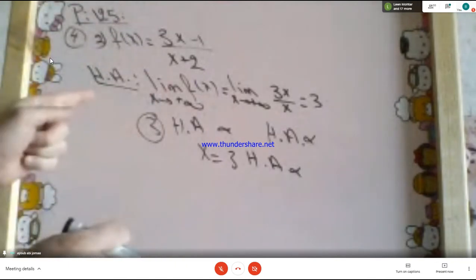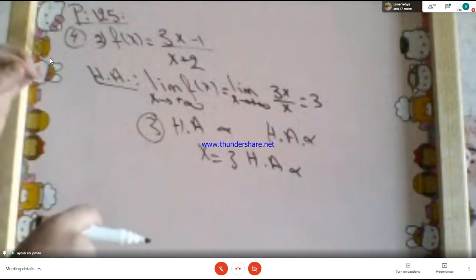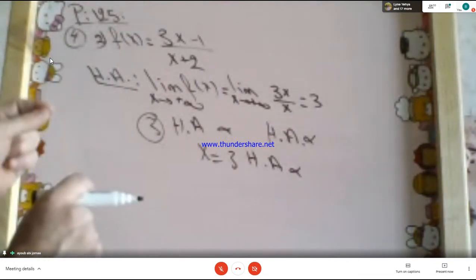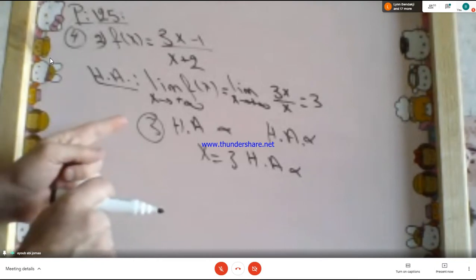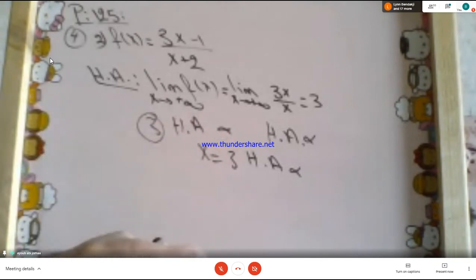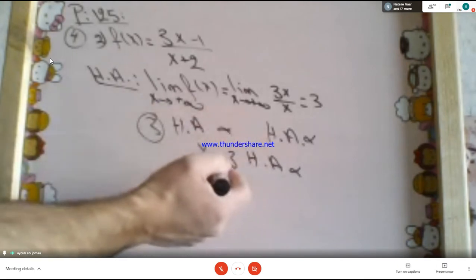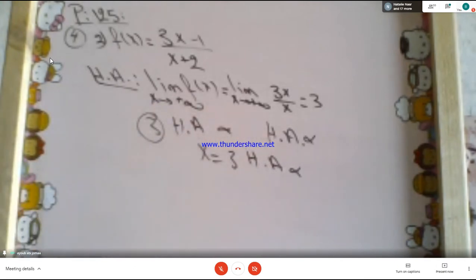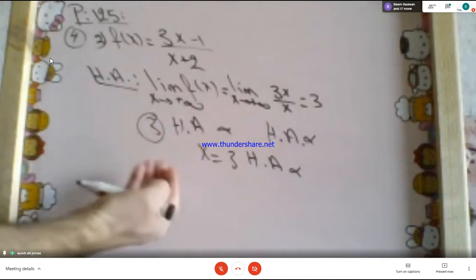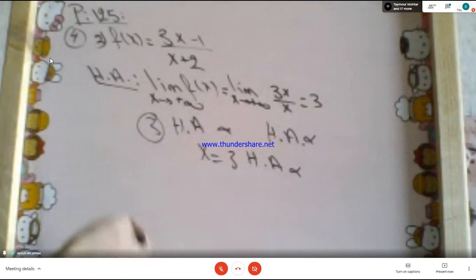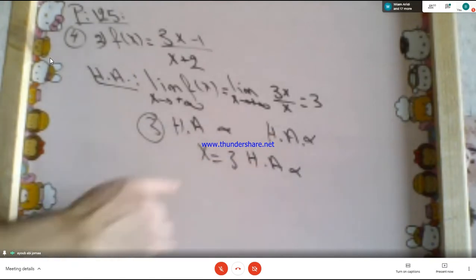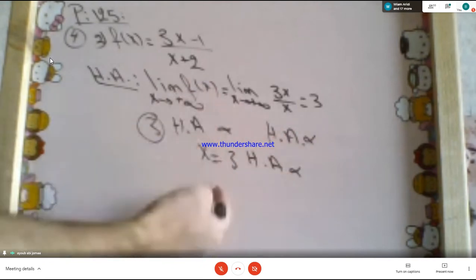And note that these are the same questions in grade 12 in the official exams, so we consider it wrong, not only in grade 11. Even in the official exams, if you wrote it this way they consider it a wrong answer, because 3 is not an equation. 3 is a number, it doesn't represent the equation of a line. If you wrote x equal 3 horizontal asymptote, x equal 3 is a vertical line.